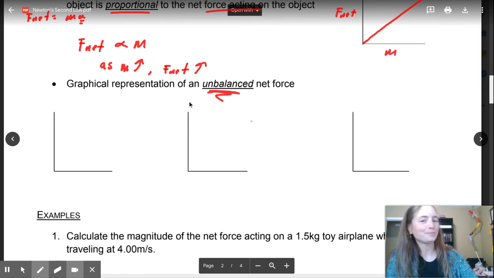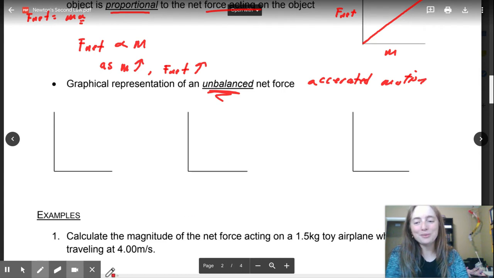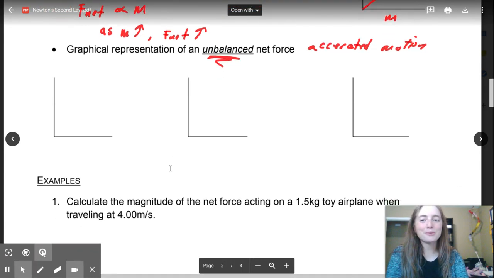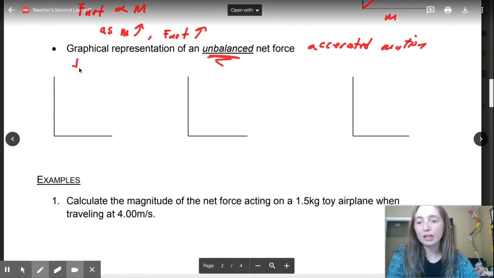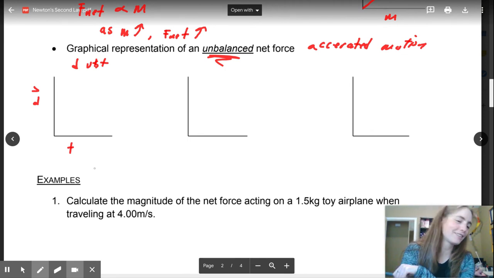So, any graph that is showing accelerated motion, you are going to have an unbalanced force. So, what we have here, let's go a position versus time graph. So here is our position, there is time. Think back to kinematics. What pattern of graph is that going to be?